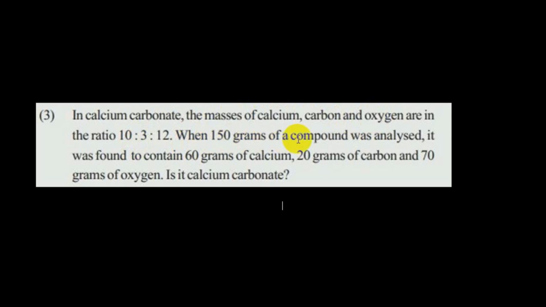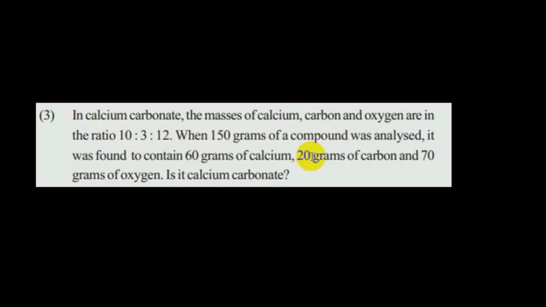When 150 grams of a compound was analyzed, it was found to contain 60 grams of calcium and 20 grams of carbon and 70 grams of oxygen. Is it calcium carbonate? If this compound, which contains calcium and carbon and oxygen, is to be calcium carbonate, these grams when reduced must come into the form of an equivalent ratio of 10:3:12.